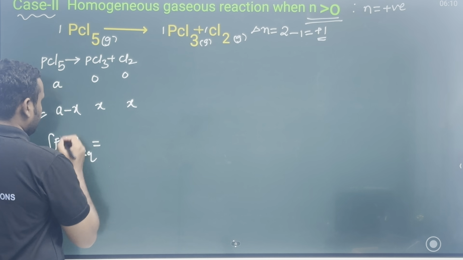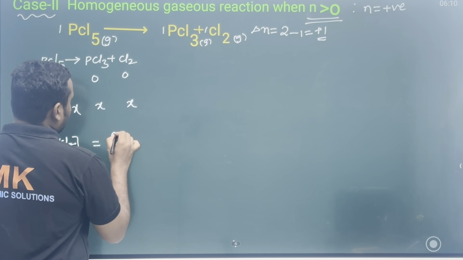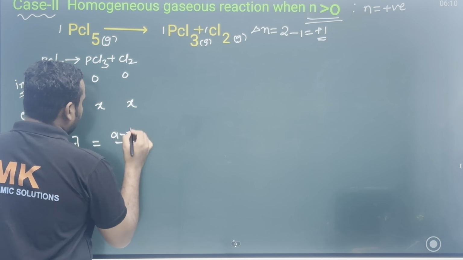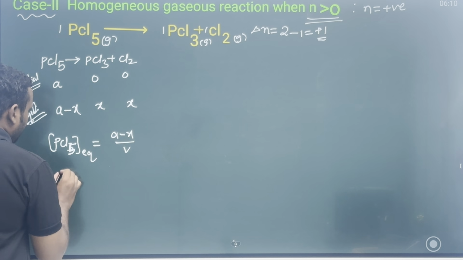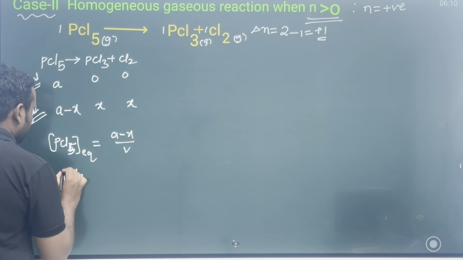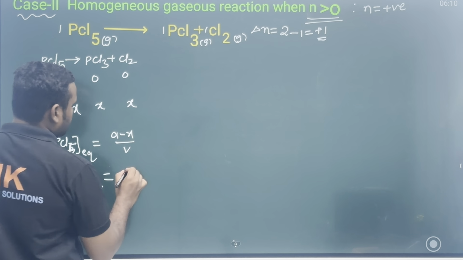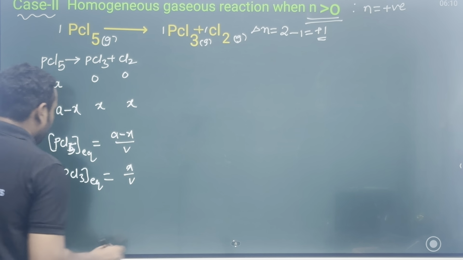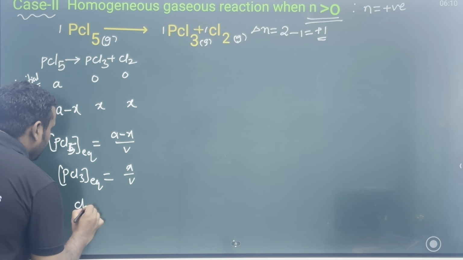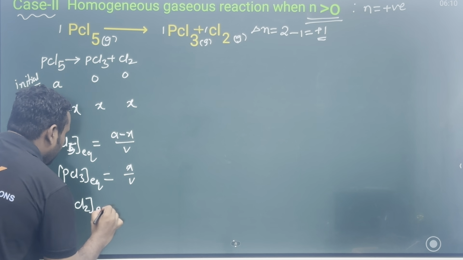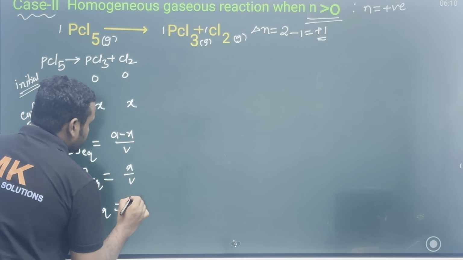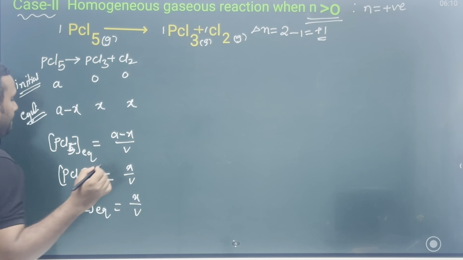Sorry, it is not PCl5, that is A minus x by volume in liter, and equilibrium concentration of PCl3, that is x by V, and equilibrium concentration of Cl2 is also x by V, right.